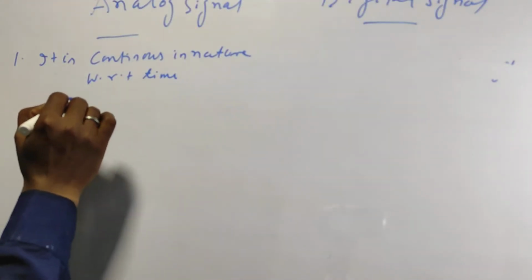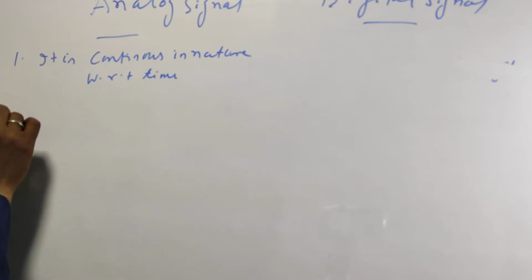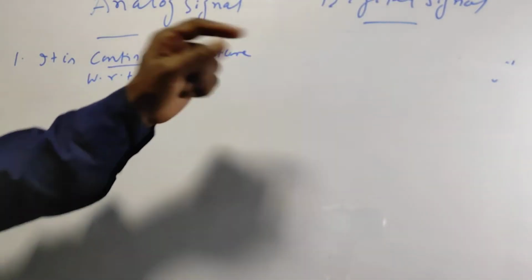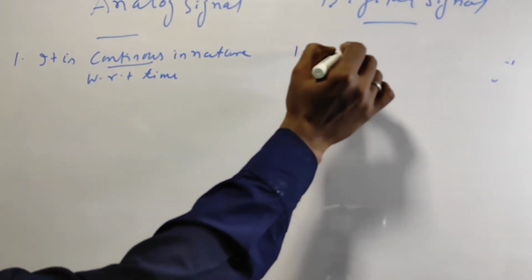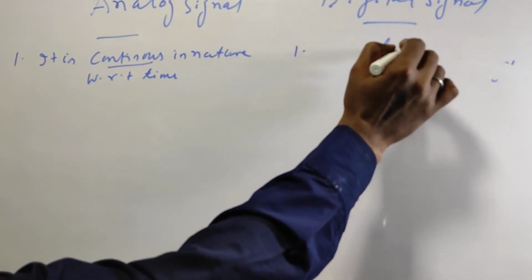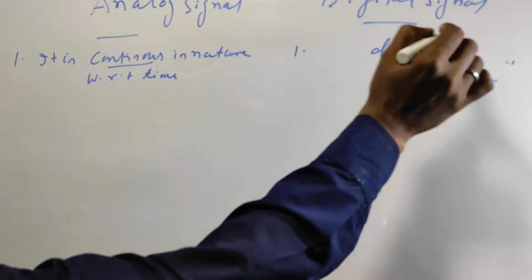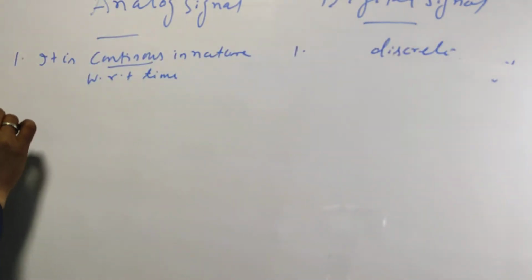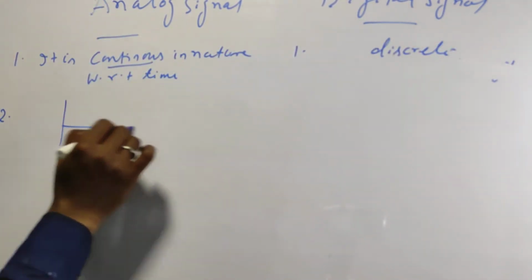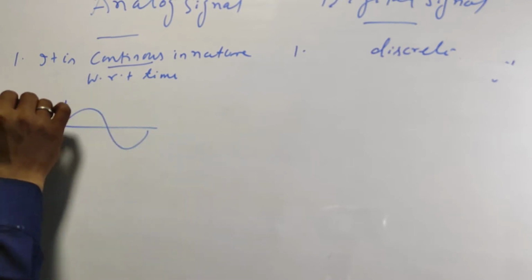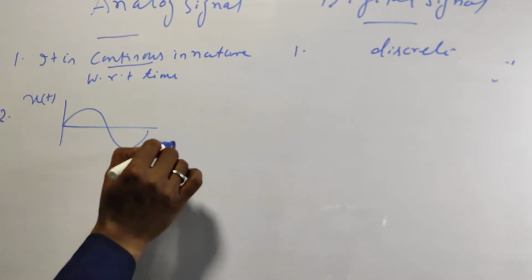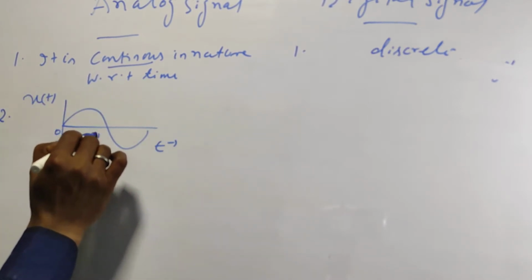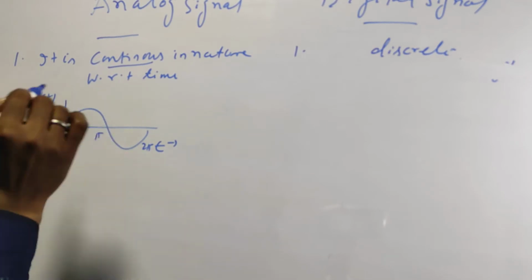The digital signal has only discrete values. The analog signal is represented as x of t, over a time duration 0 to 2 pi. This is continuous.